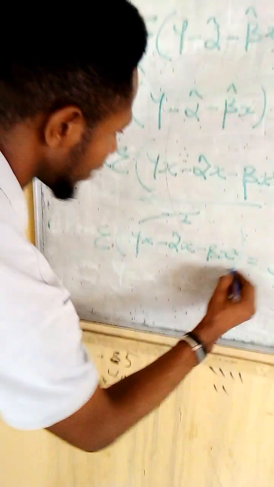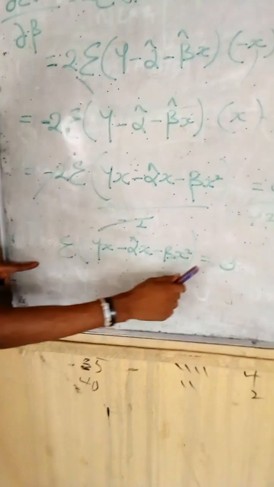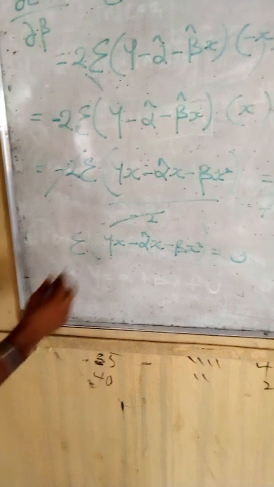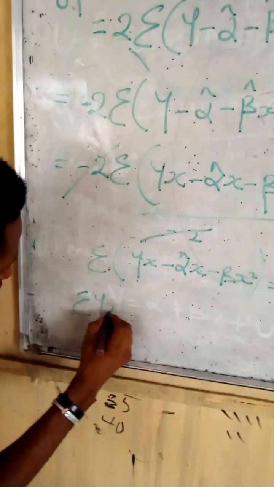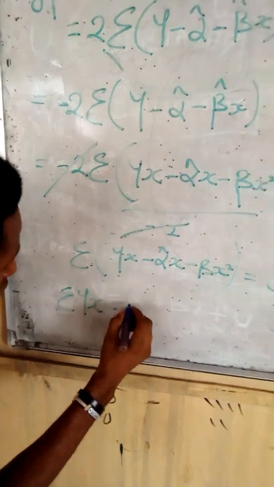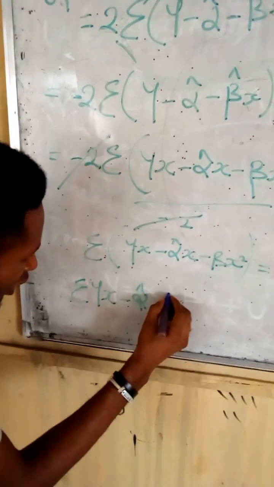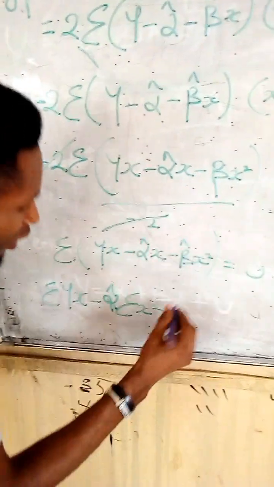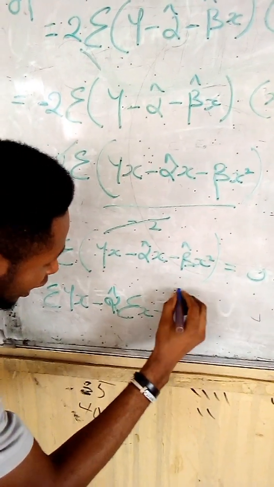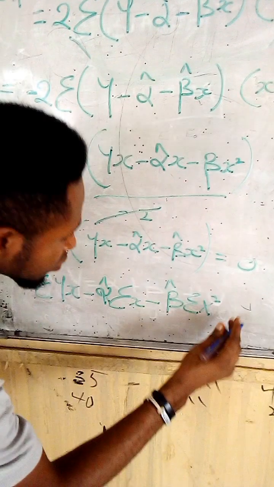Now the bracket is still there, so the next thing I do is to expand the bracket. When I expand it, I have summation x y minus alpha cap, you have to write alpha cap first, then summation x, minus beta cap first, and then summation x squared.